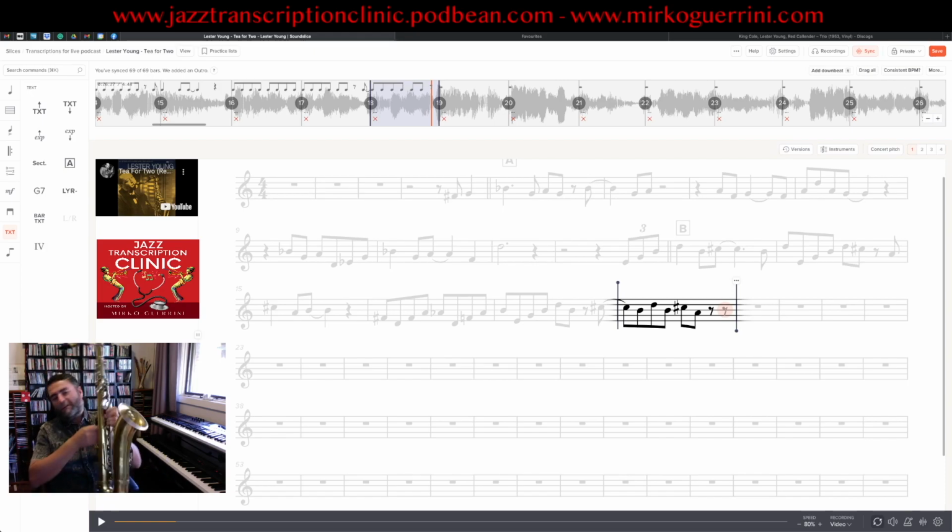Now, what's the main thing that you need to know when you want to become faster in transcribing? Definitely intervals. You need to know the sound of all the intervals inside an octave. There will be some intervals that you need to know just the theory of, like some weird things like a diminished third, which is something that exists, right?